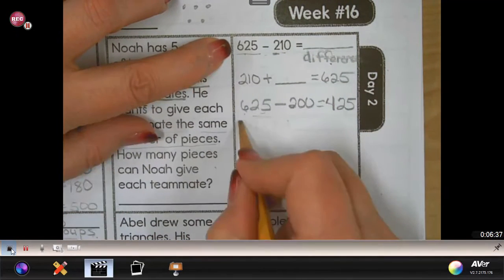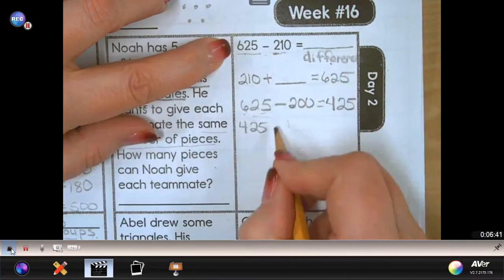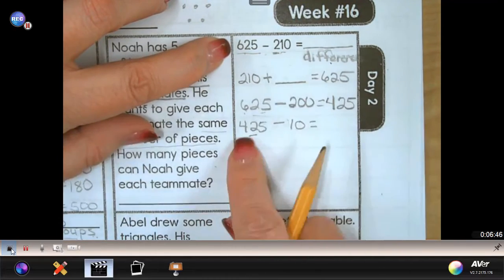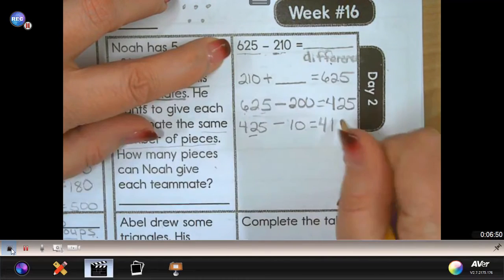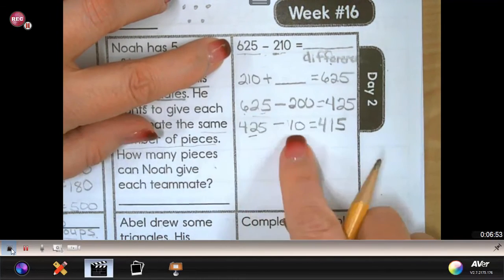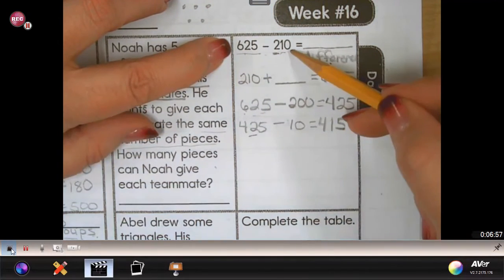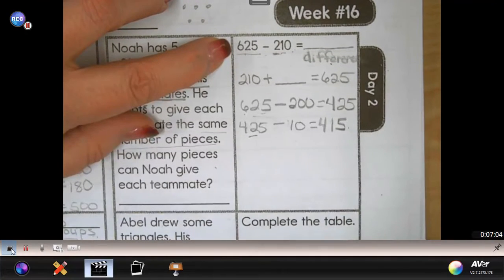Now, I'm going to take the 425, and I'm going to subtract 10 more from the 20. And if I subtract 10 from the 20, that's going to leave me with 415, because 20 minus 10 leaves me with 10. And you'll notice here I'm not subtracting any ones, so that's going to leave me with 5 ones, and so I don't need to subtract 0 because I don't have anything to subtract for the ones place.